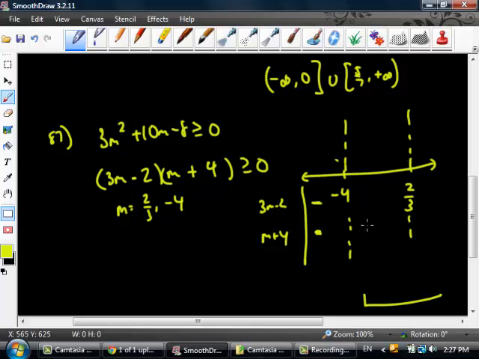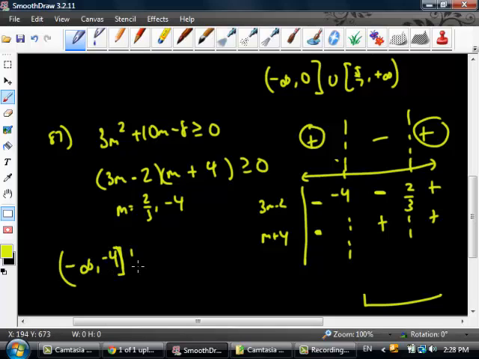In between these is 0, so that's going to give me negative, positive. Beyond it's going to be positive, positive, so it's going to be positive, negative, positive. I'm looking for stuff that's greater than, so it's going to be my positive intervals. So my final interval notation is going to be negative infinity, comma, -4, union 2/3, comma, positive infinity. Have I lost someone?